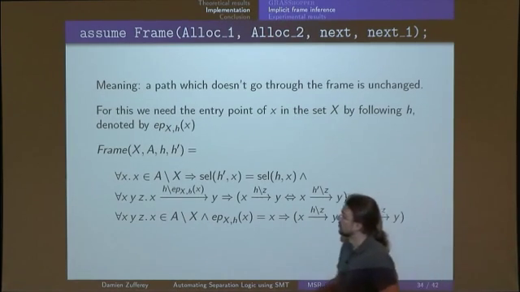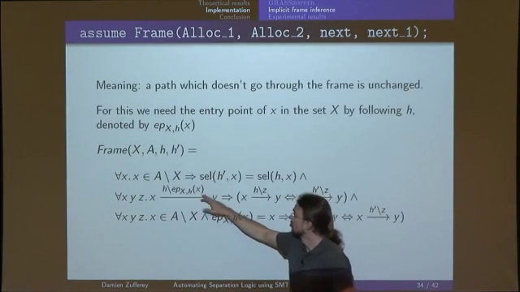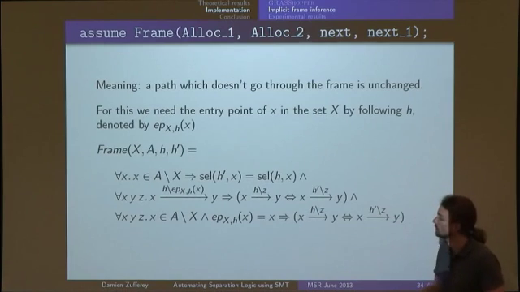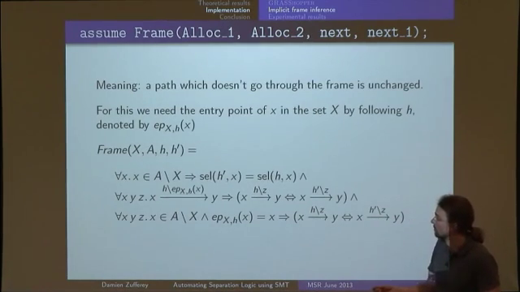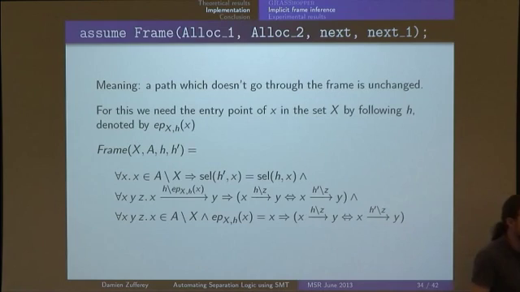And then the more complicated part is that there is a path from x to y, and you never see the entry point. So basically, it's a path that never goes to the part which is modified. And again here, the reachability information is preserved.